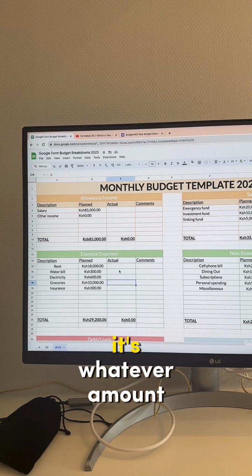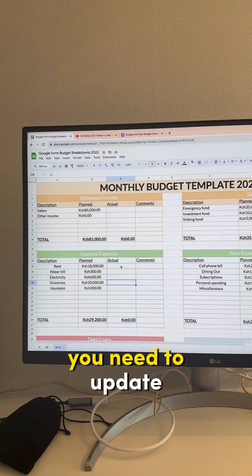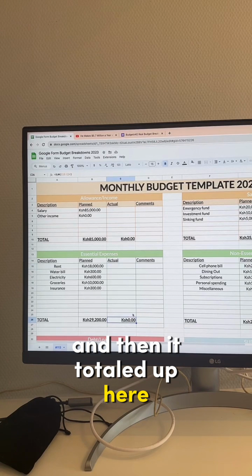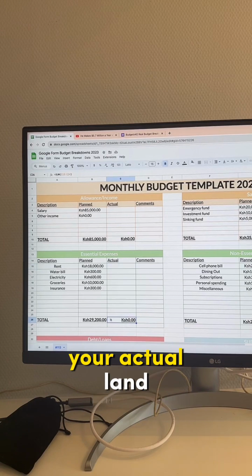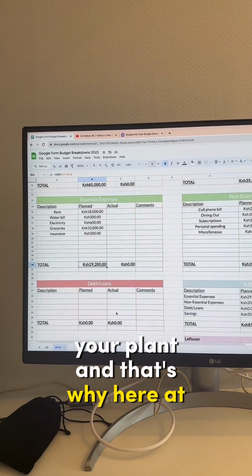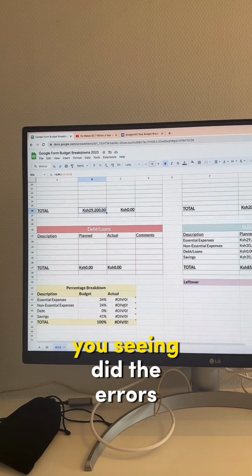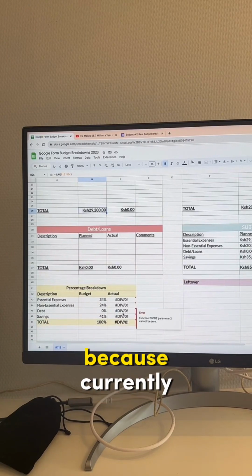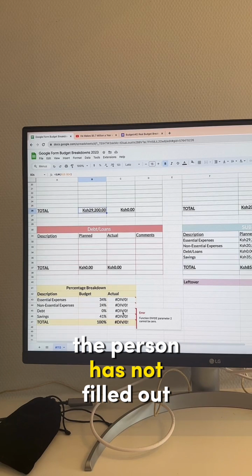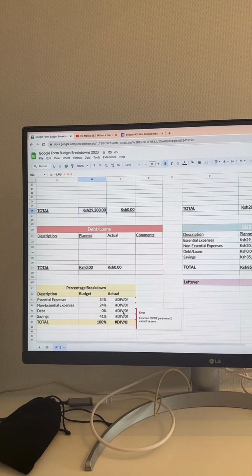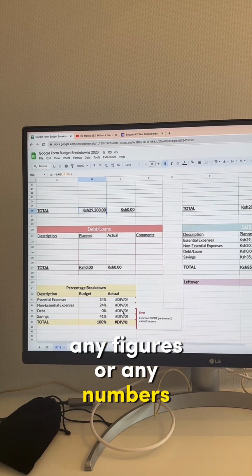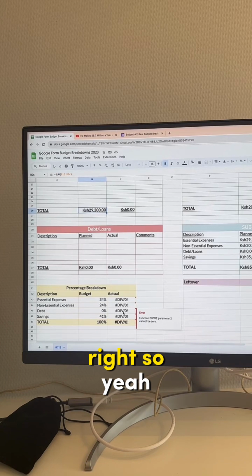So whatever amount you're filling in, you need to update, and then it totals up here. And the template compares your actual and your planned. And that's why here at the bottom, you're seeing the errors, because currently the person has not filled out any figures or any numbers, right?